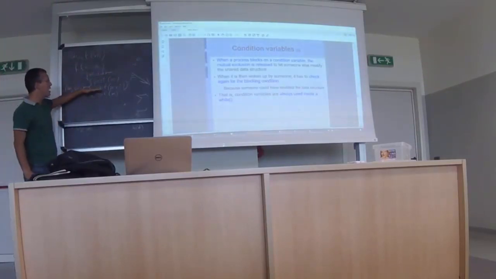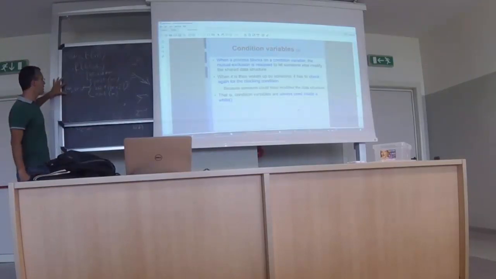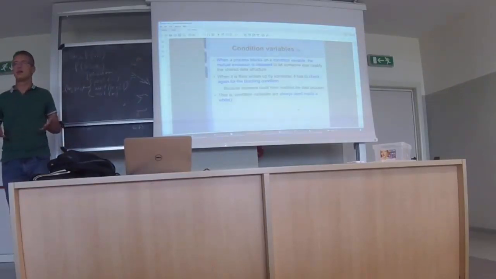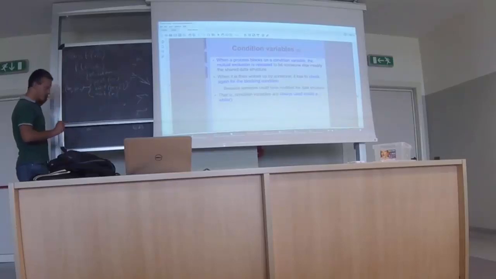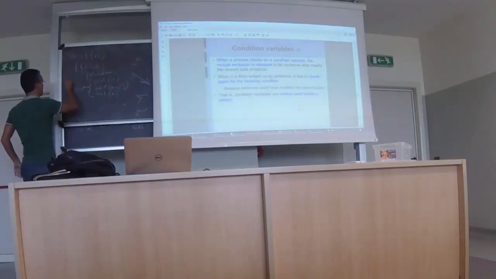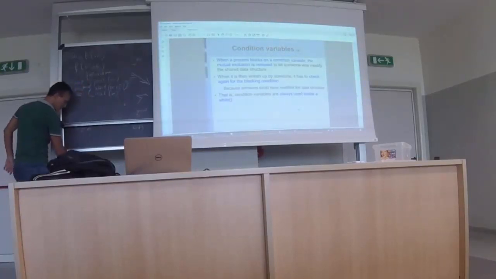I don't continue right away. Before continuing, after this instruction, I need to retry acquiring the mutex. Pay attention to this point. This is my cond wait, with these two arguments, and this is the condition variable.